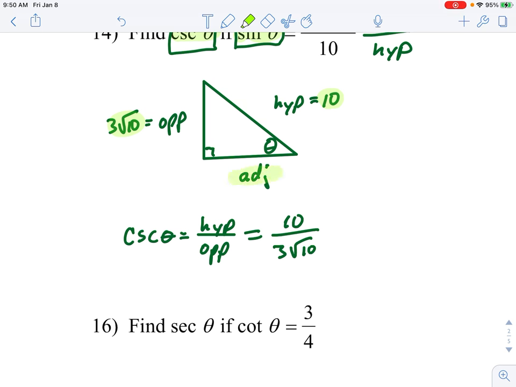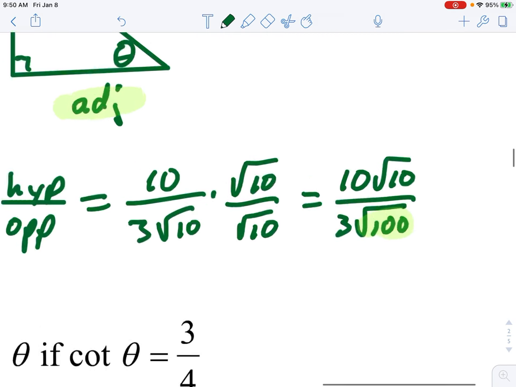I did not need to do the Pythagorean theorem in this problem. Adjacent did not come into play at all. So I have this answer, although, wait, you can't have the radical in the denominator of a fraction, so I'm going to have to rationalize this. So I get 10 radical 10 over 3 radical 100, right? 10 times 10 is 100. What is the square root of 100? That'd be 10.